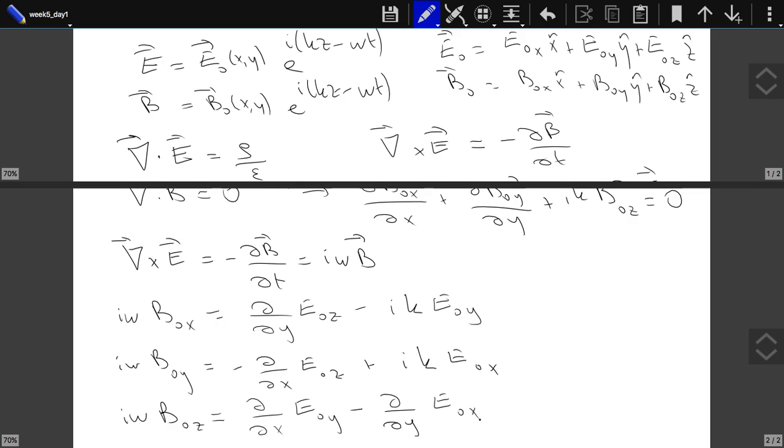So now we have three more equations that E0x, E0y, E0z, B0x, B0y, B0z should satisfy.